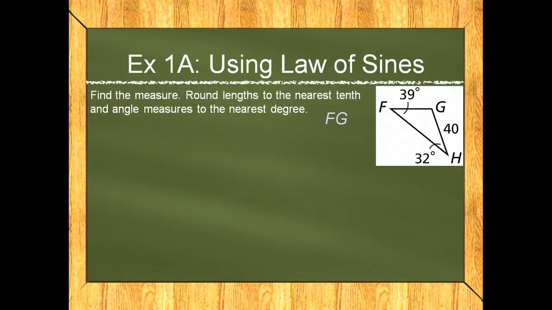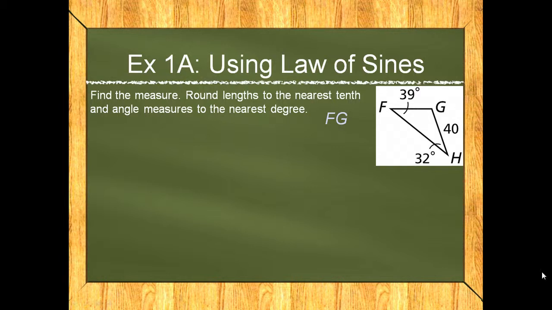Let's look at an example of how to use this. We're given triangle FGH, and we have two of the angles, 39 degrees and 32 degrees, and we have GH is 40.